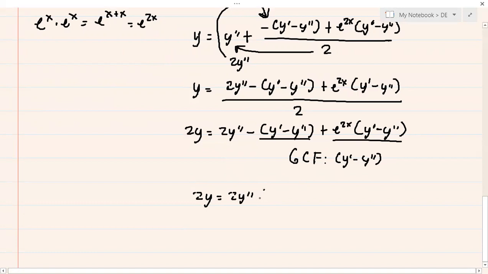Wait lang. Kung ganun, what I will have here is plus quantity, negative 1 plus e raised to 2x times quantity y prime minus y second prime.